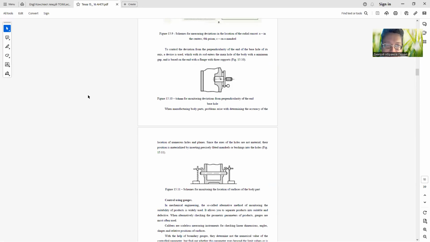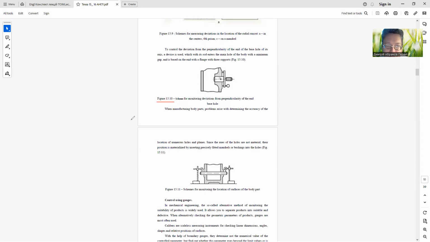To control the deviation from the perpendicularity of the end of the base hole to its axis, a device is used, which with its rod enters the main hole of the body with a minimum clearance and is based on the end with a flange with 3 supports, like in figure 15.10.